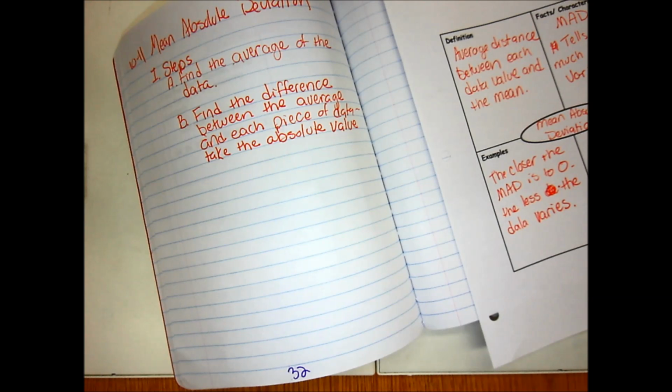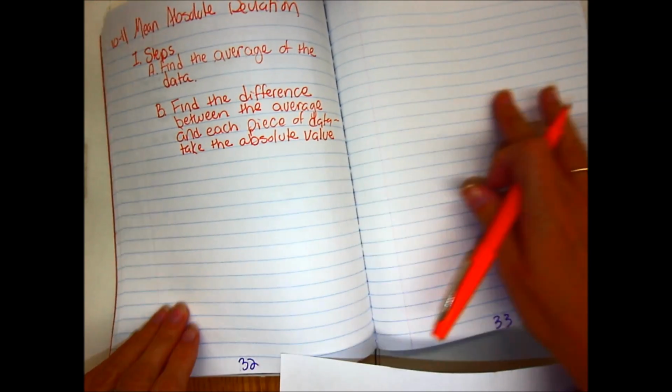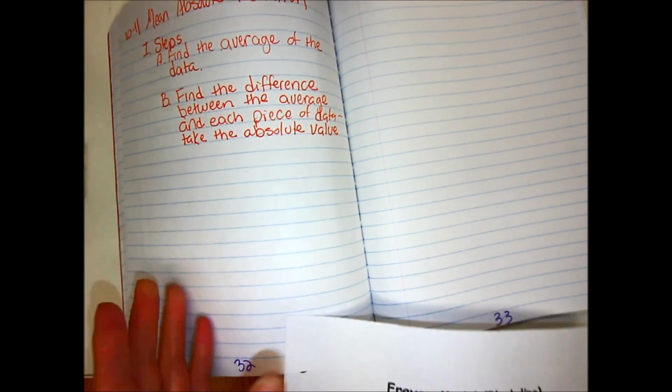So if we're talking about how far away each number is from our average, we would always take it as a positive number because we're talking about distance. So I'm just going to write this off to the side here beside where we've done that.